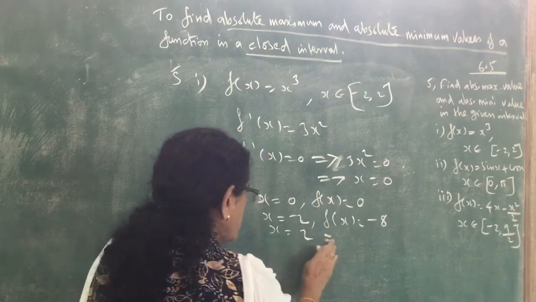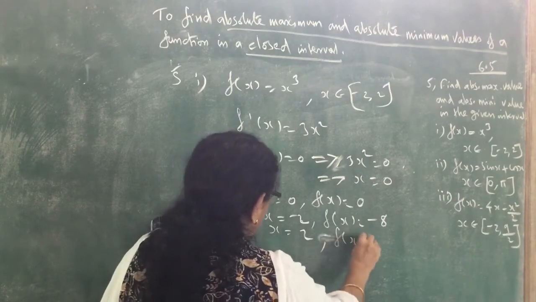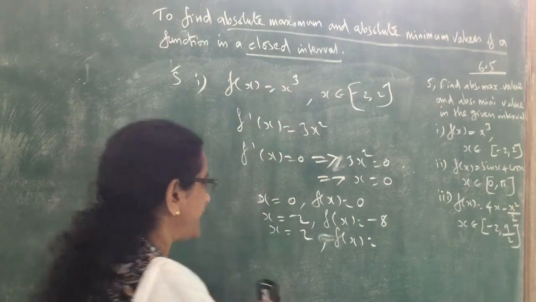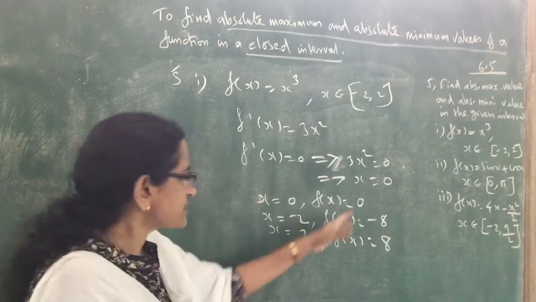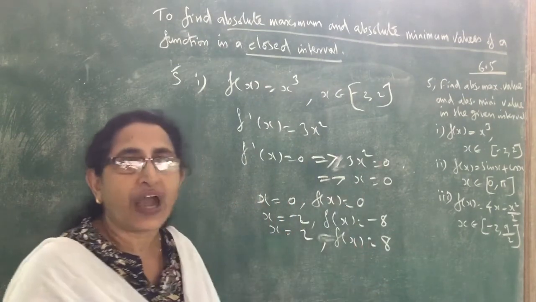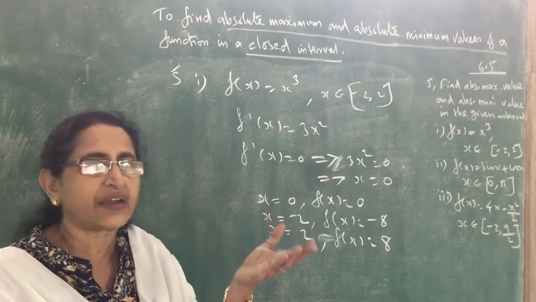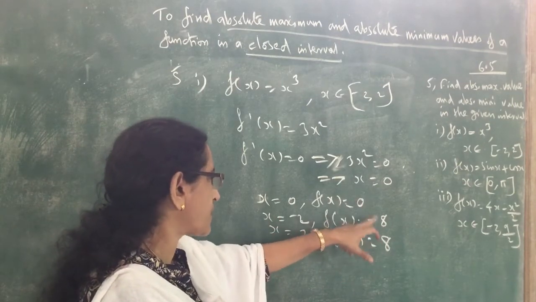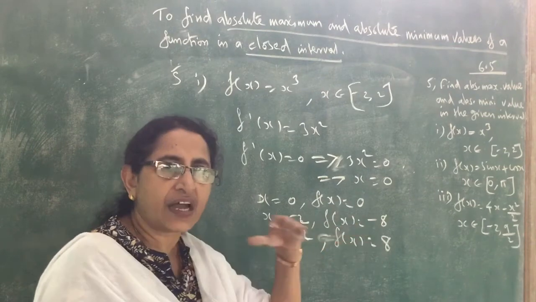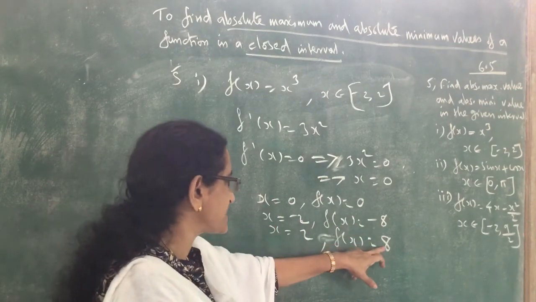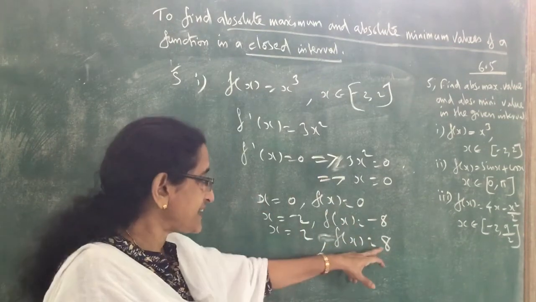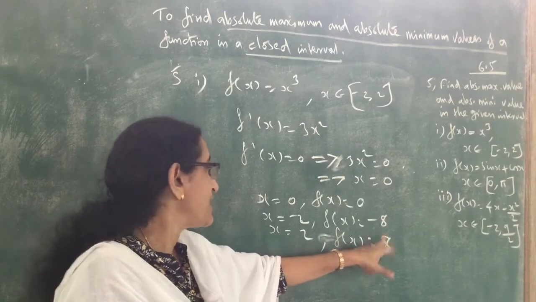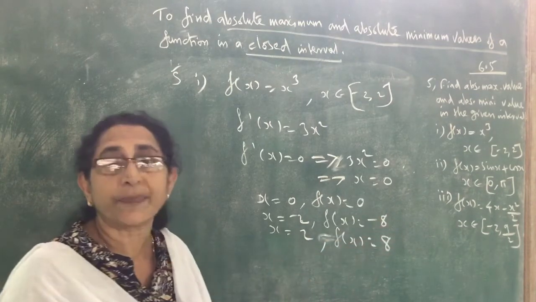When x equal to 2, f of x equal to 2 cube, 8. Now from these values of f of x, we have to select the greatest number and the smallest number. So 0, minus 8, 8. Minus 8 is the smallest number and 8 is the greatest number. So 8 is the absolute maximum value and minus 8 is the absolute minimum value.